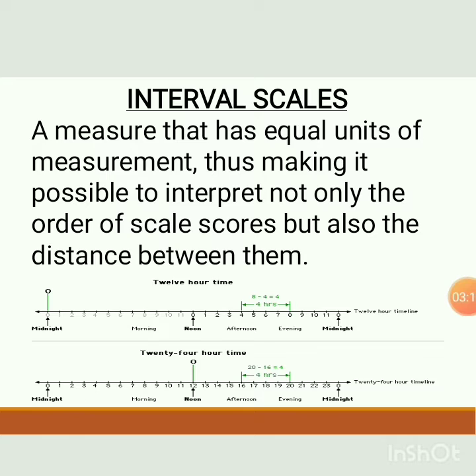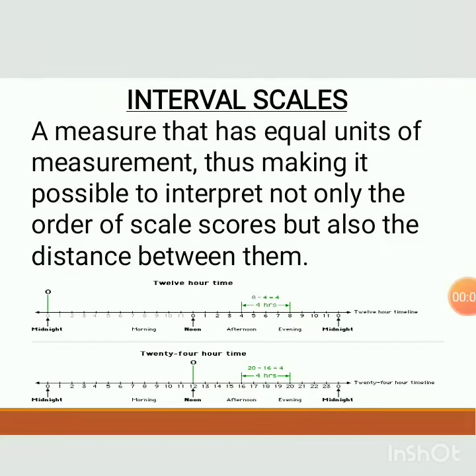One can interpret not only the order but also the distance. For example, take temperature. Suppose we have measured the temperature of Dehradun, Mumbai, Delhi and Calcutta as 10, 20, 32 and 22. When we take the difference between the temperatures of Dehradun and Mumbai, that is between 10 and 20, it is 10.